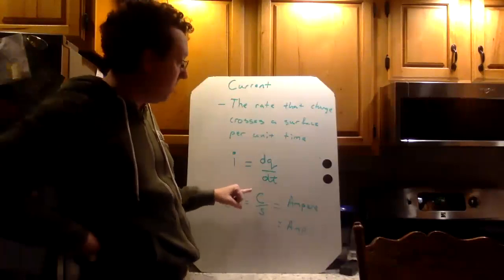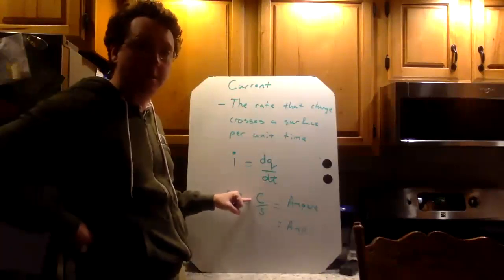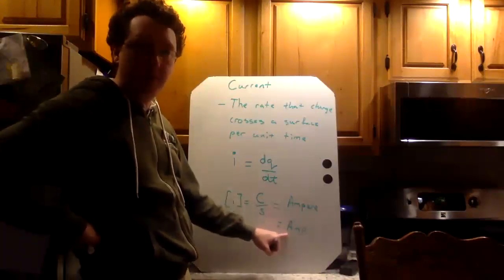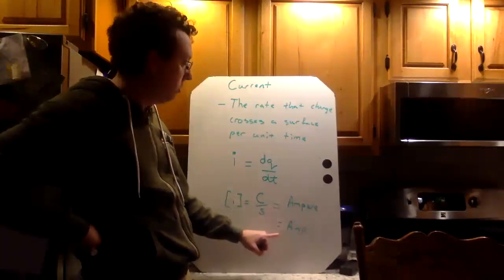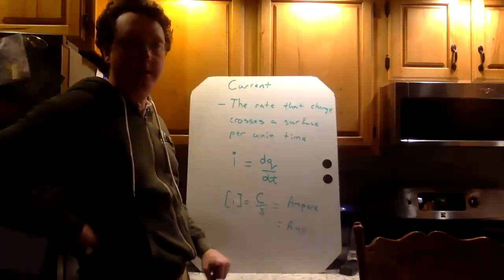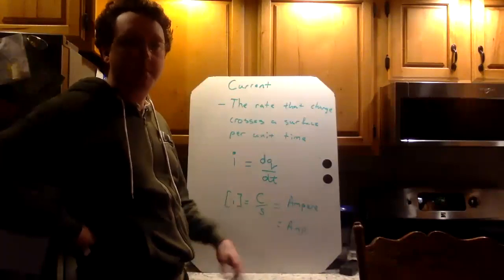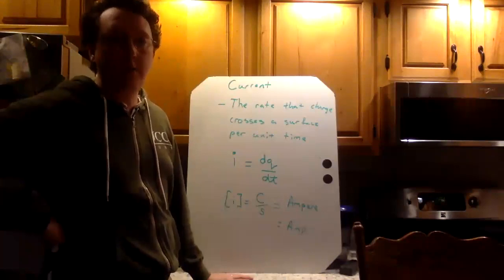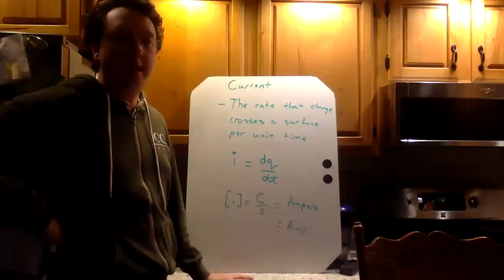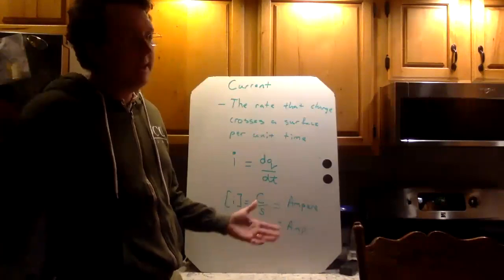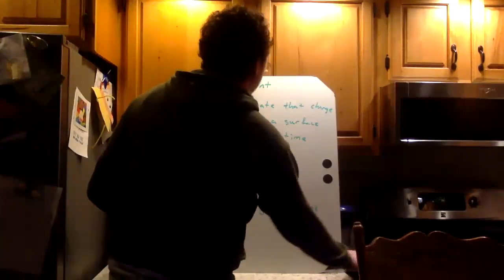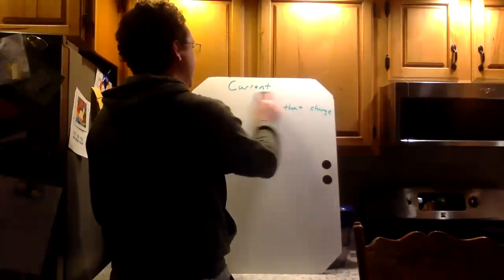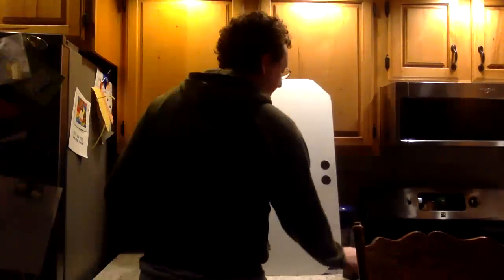So instead of defining the coulomb as the fundamental unit, we define the amp to be the fundamental unit in the metric system, and we define a coulomb to be an amp second, an amp times a second. So in the metric system, the coulomb is actually a derived unit. It's just a practicality thing about measuring, since we can't safely build up a coulomb of charge.